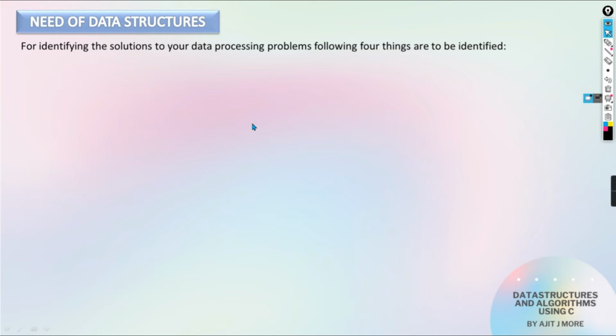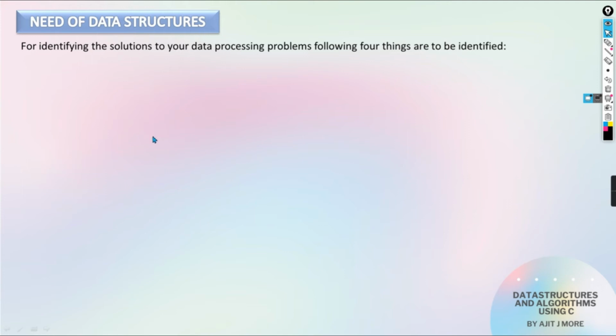Now what is the first important thing? First, identify the data elements which you are going to process in your program. These data elements will ultimately be your variables and constants when you convert it into a program.